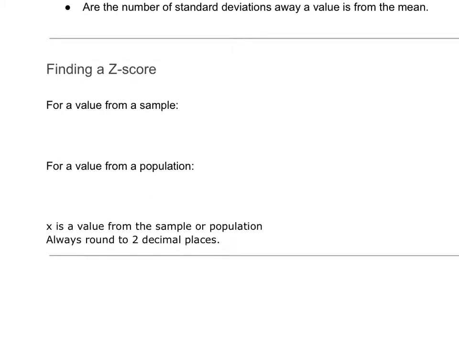For a value that's from a sample, a z-score is going to be the sample value x minus the mean, and so if it's from a sample, that mean is x bar, divided by the standard deviation, which for a sample is s.